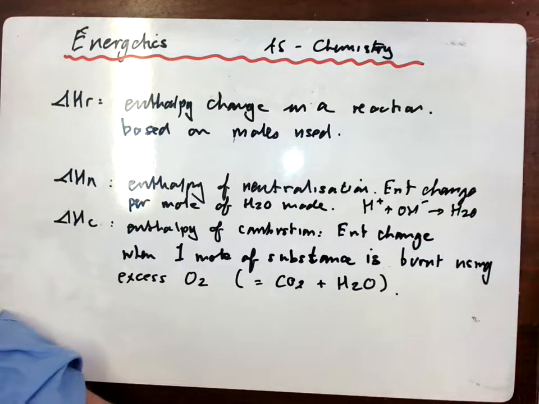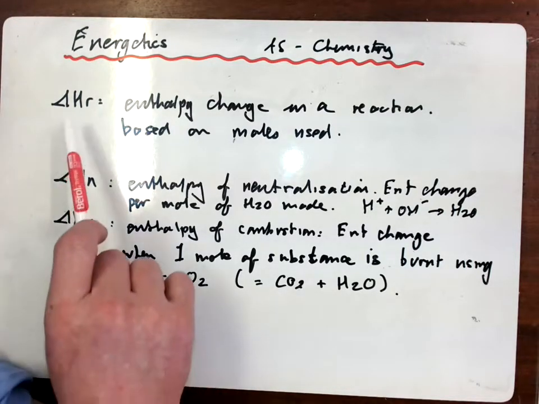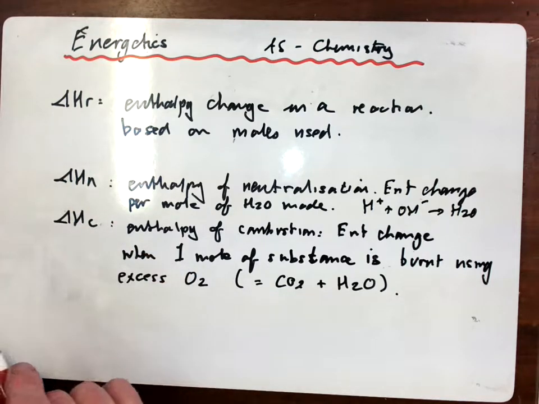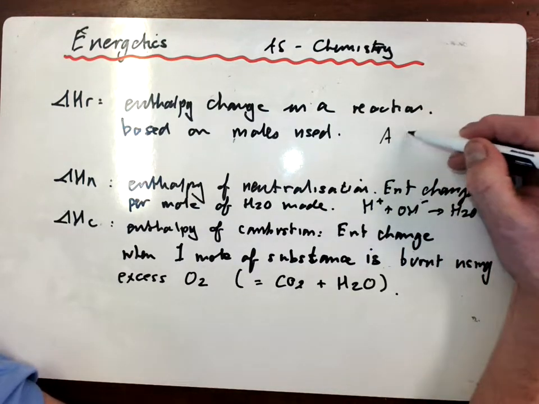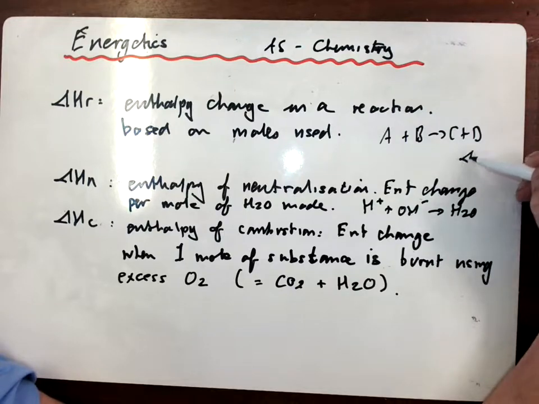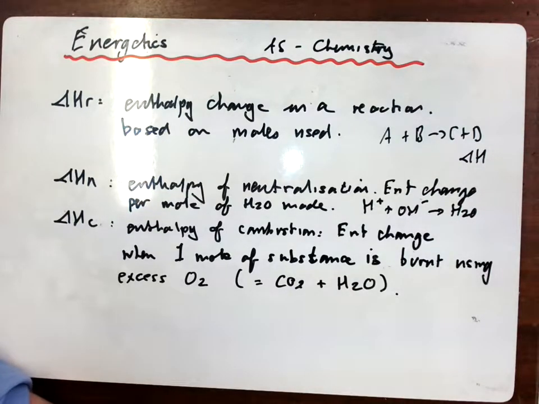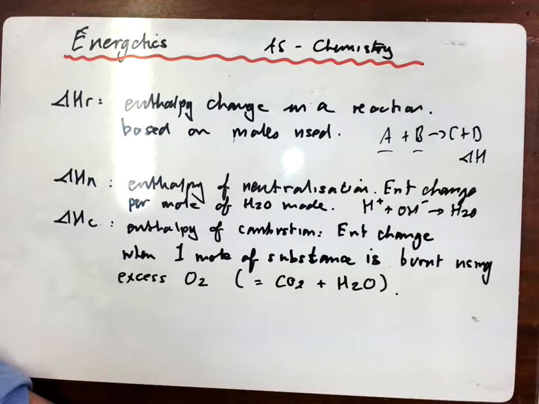I just want to have a look at some, but not all, of the definitions that you need to be aware of for this. So we'll look at the enthalpy of a reaction, which is just the enthalpy change in a reaction based on the number of moles that you actually use in that reaction. So it would be maybe A plus B to give you C plus D, the delta H or the enthalpy change for that, based on the moles of A and B used.